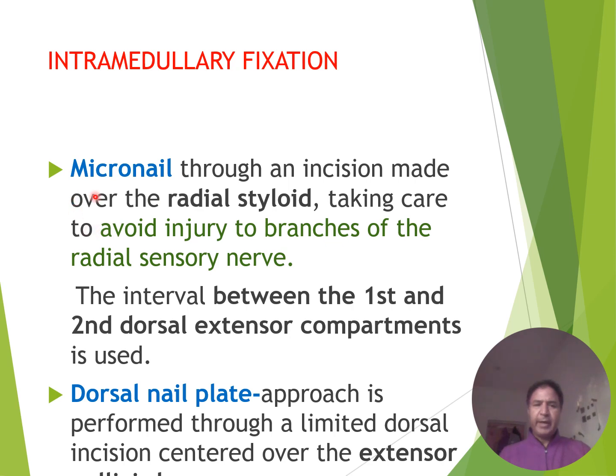Intramedullary fixation. Micro nail through an incision made over the radial styloid. Take care to avoid injury to the branch of the radial sensory nerve. The interval between the first and second dorsal extensor compartments is used. The dorsal nail plate approach is performed through a limited dorsal incision centered over the extensor.